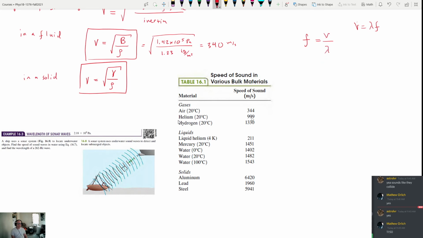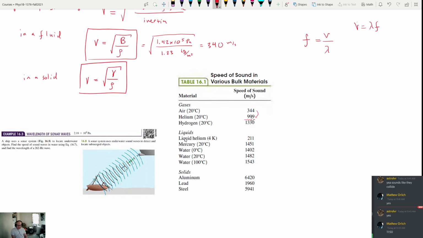So if you're talking through helium gas, then the frequency that you produce is almost 3 times as big, not quite, but close to 3 times as big. And that's why when you talk with helium in your lungs, it sounds really high frequency.